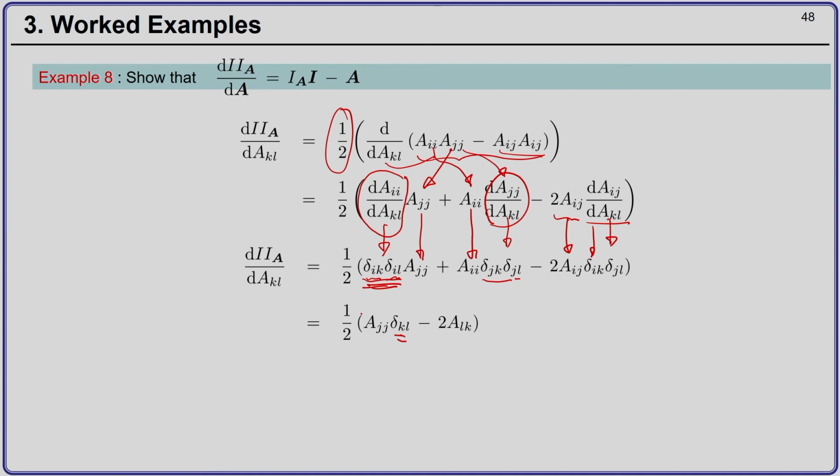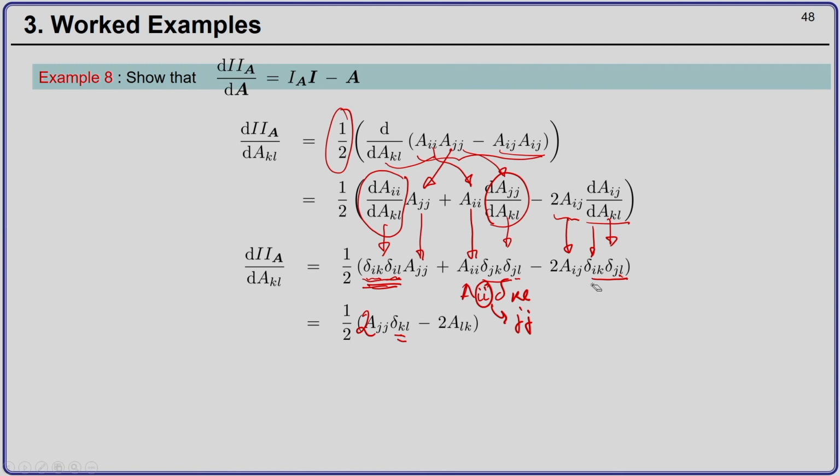And then you will have Aii delta jk delta jl, which will be nothing but Aii delta kl, and because i is a dummy index, it can be replaced by j. So, this becomes 2 Ajj delta kl minus 2 Aij delta ik delta jl.